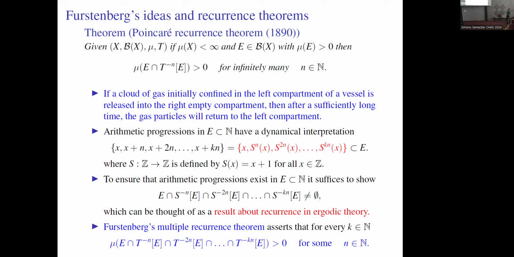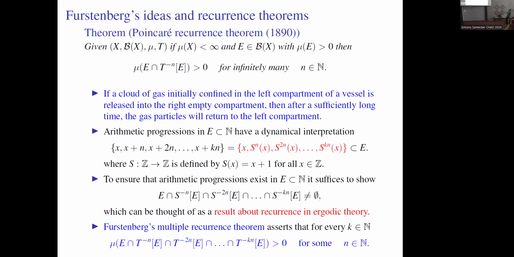And this is how Furstenberg started to think about arithmetic progressions, because we can see that, if we consider a subset of integers, then arithmetic progressions have this nice dynamical interpretation. If we want to find these configurations here, then if we use the shift operator, we see that this set can be written as a set of this form.